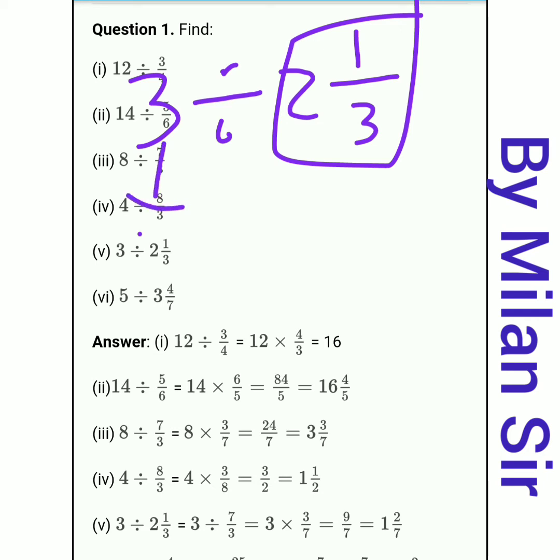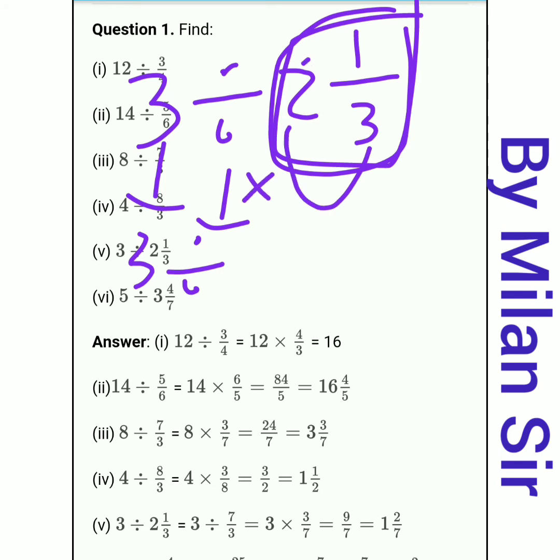So first of all 3 as it is, divide as it is. Right now we are simplifying this. So first of all 3 2s are 6. Then we need to add our numerator. So 3 2s are 6 plus 1, 7 divided by 3.